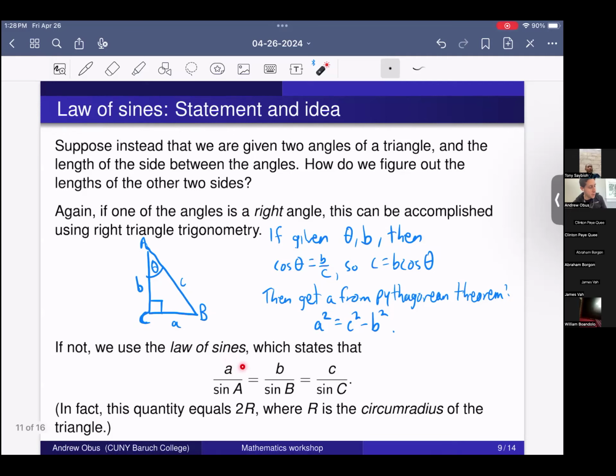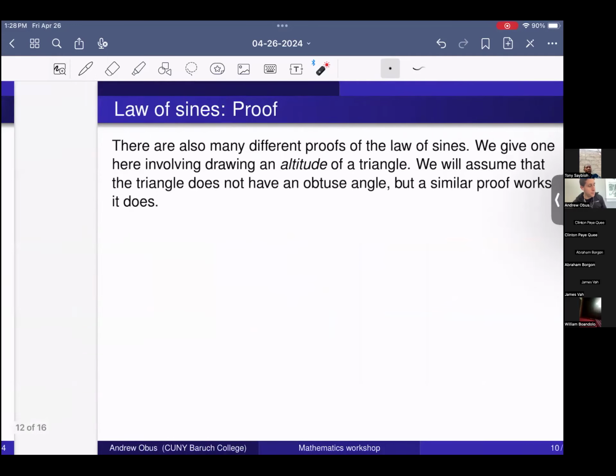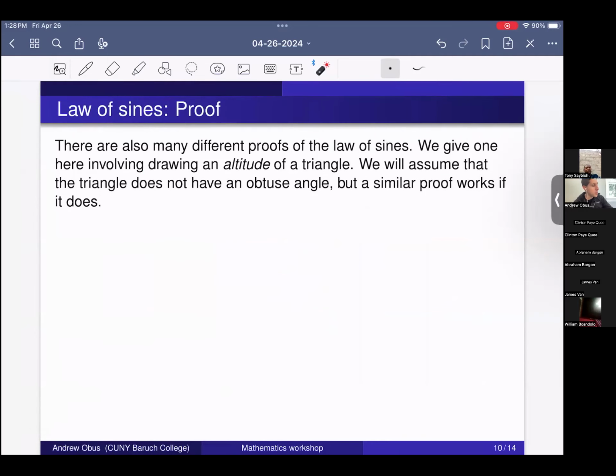The law of sines says A over sine A equals B over sine B equals C over sine C. So how do we prove this? There are lots and lots of different proofs, but let me do one where we're just going to draw a picture. For this one, we don't really need coordinate axes.